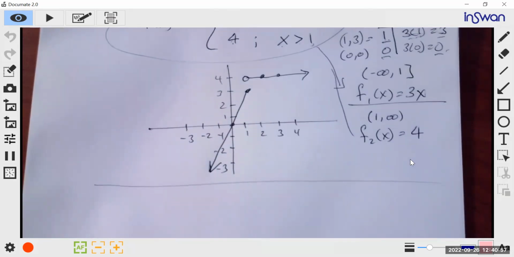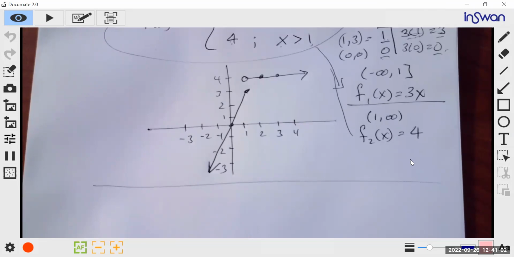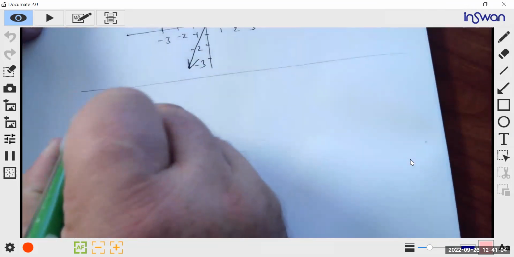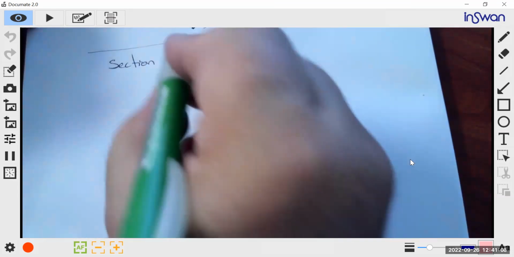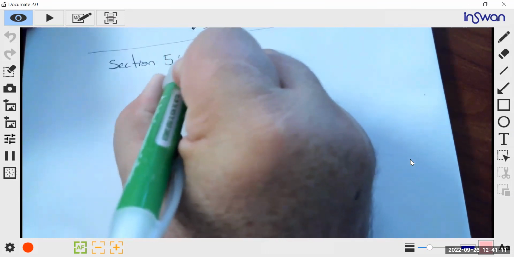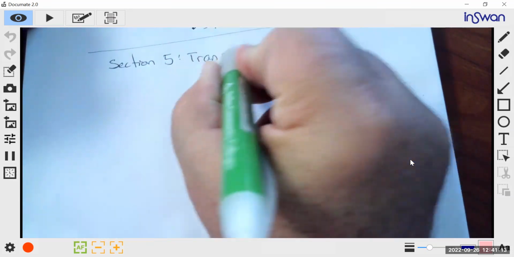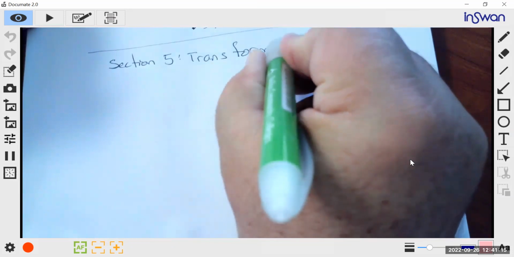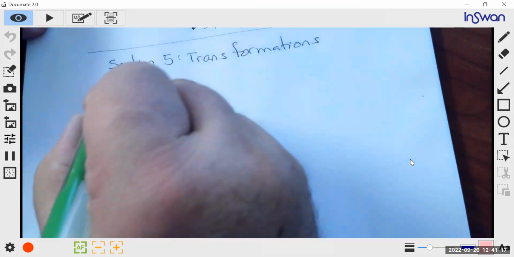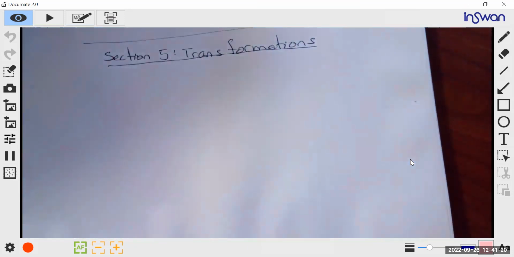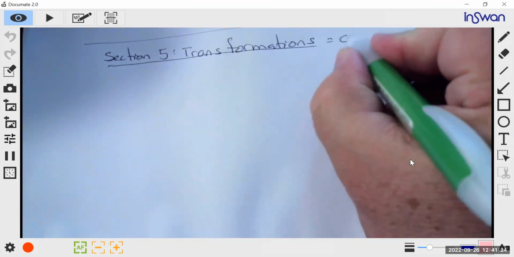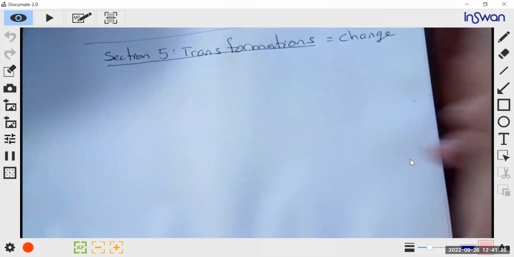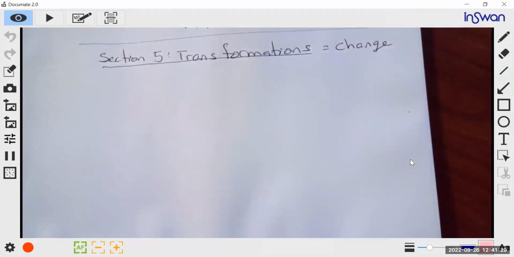We also started transformations. Section 5. What is a transformation? Exactly. It's exactly what it is. It's the change of a graph.